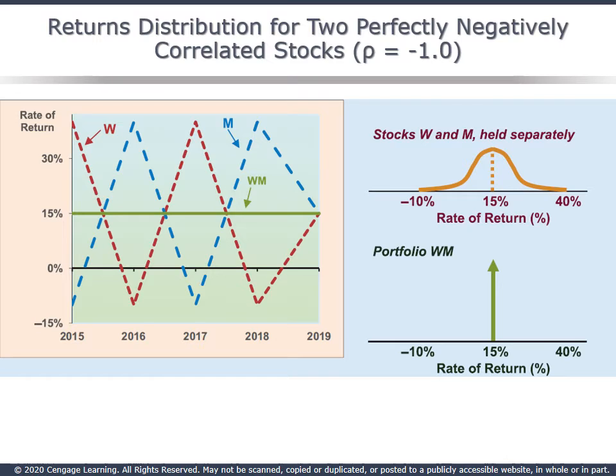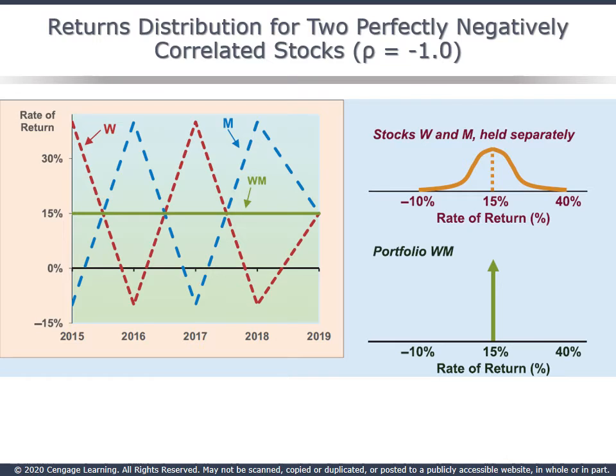And you can see on the right-hand side of this graphic that when you hold each one separately, the expected rate of return is 15%, but the variation of returns is from minus 10% to plus 40%. You see that distribution of returns. It's quite variable, so that represents the riskiness.